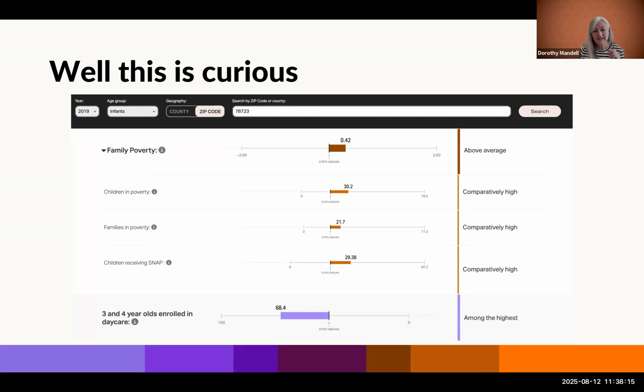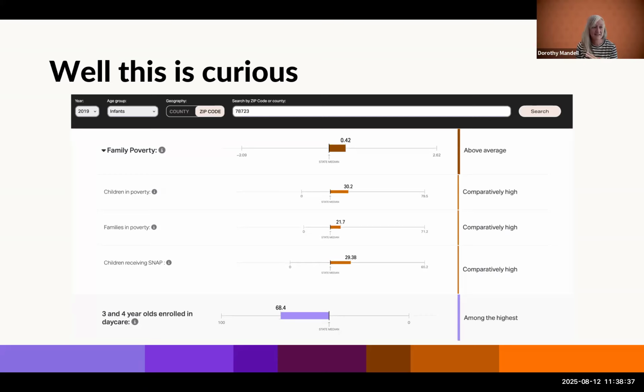The other thing we see is really good 3 and 4-year-old enrollment, with almost 70% of 3 and 4-year-olds enrolled in formal daycare. So this is public pre-K, child care centers, and also Head Start.